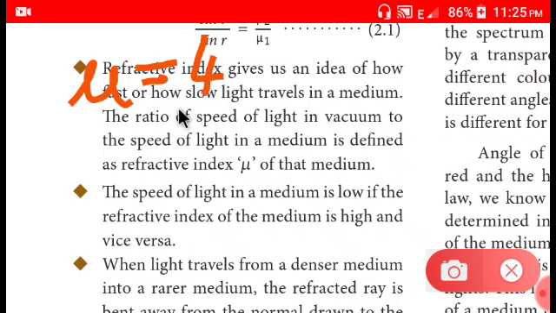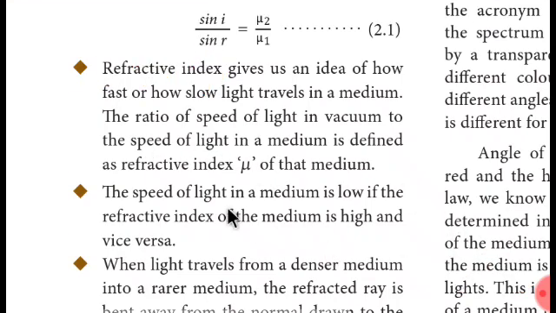If you pass light through the diamond, it will take a longer time to cross it. Why? Because the refractive index is more, so diamond creates more hindrance to the passage of light. So light will have lesser velocity compared with vacuum.